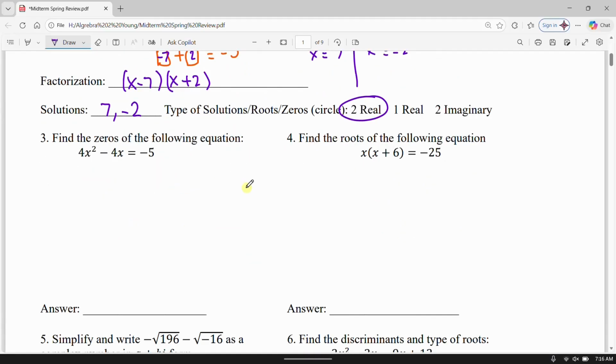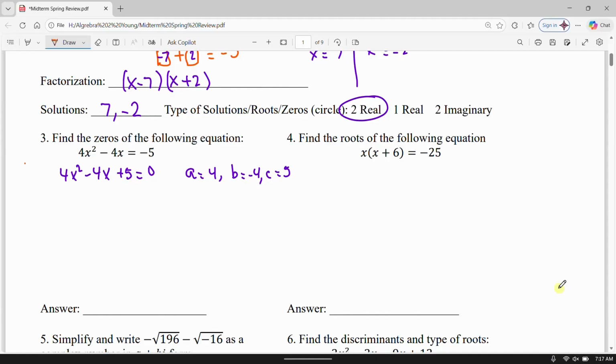You can do this in the graphing calculator, or you can do this by hand. Let's start by moving the negative 5 to the left. Start by writing ABC: A is 4, B is negative 4, and C is 5.